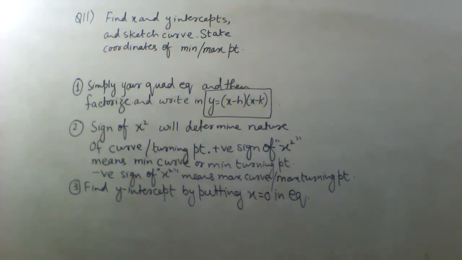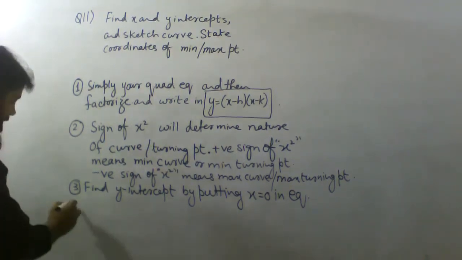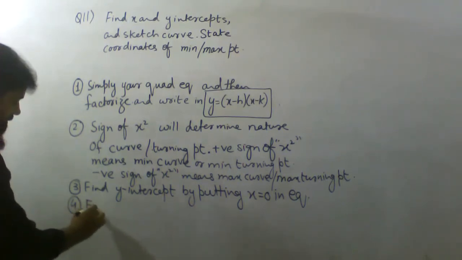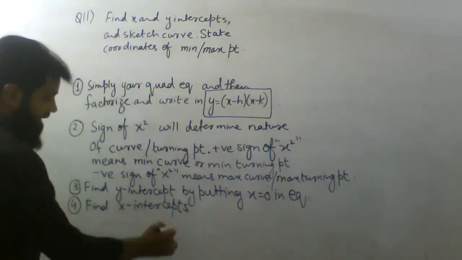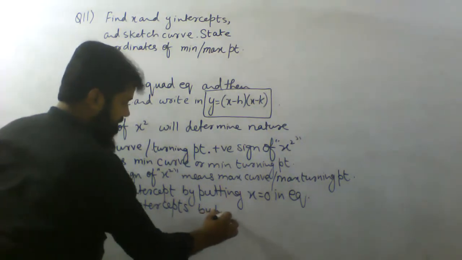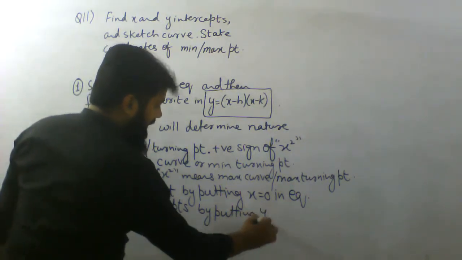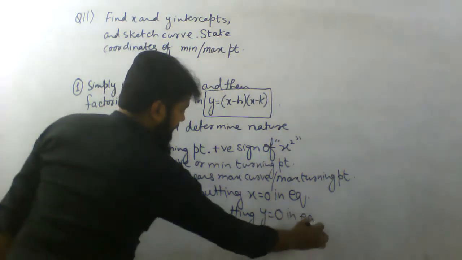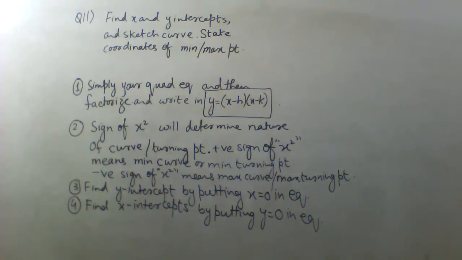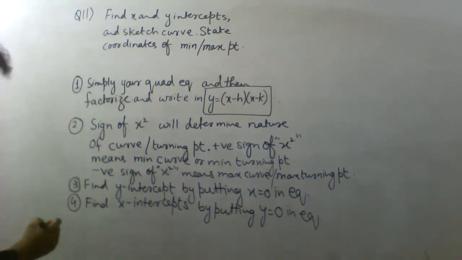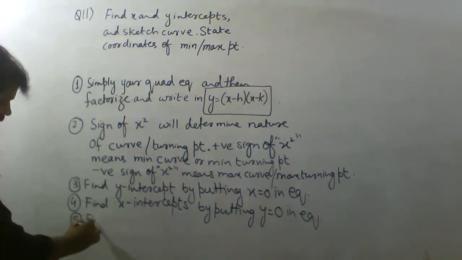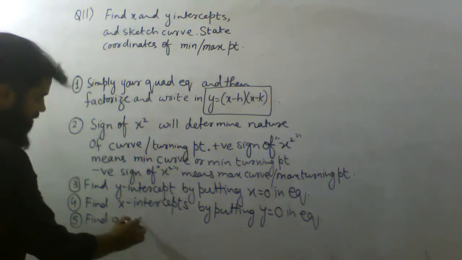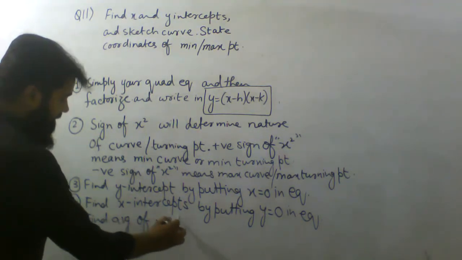After that, number 4, find the x-intercepts by putting y equals to 0 in the equation. Then we are going to find the average of the x-intercepts.